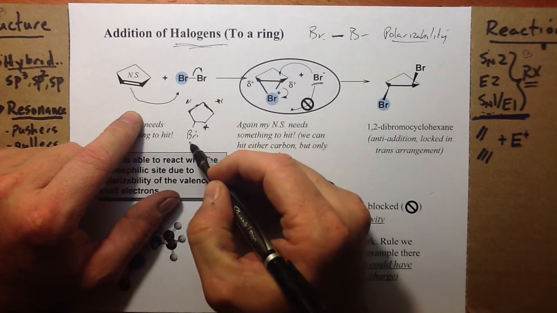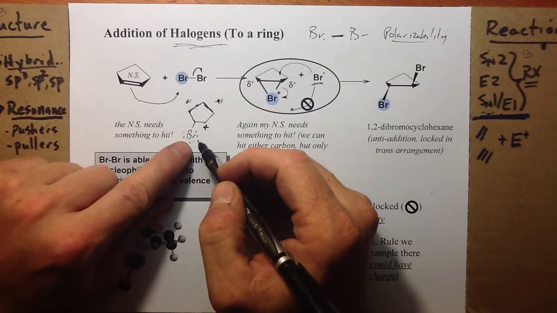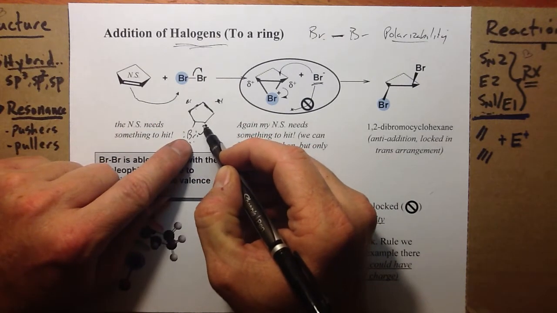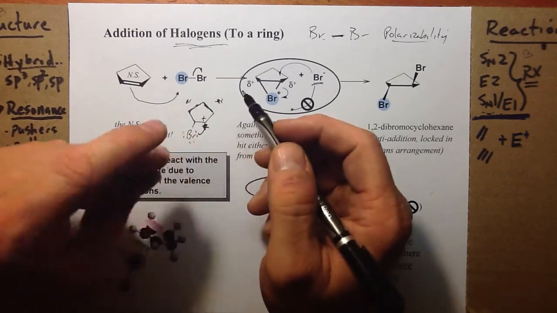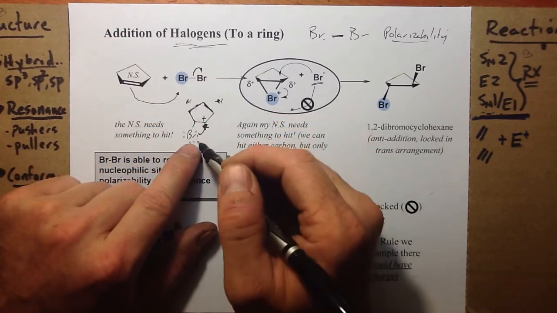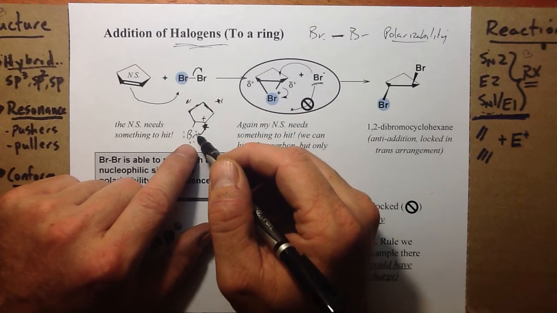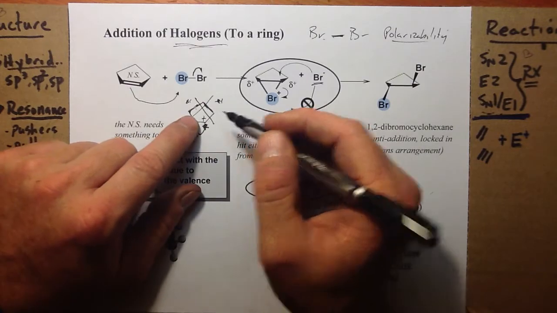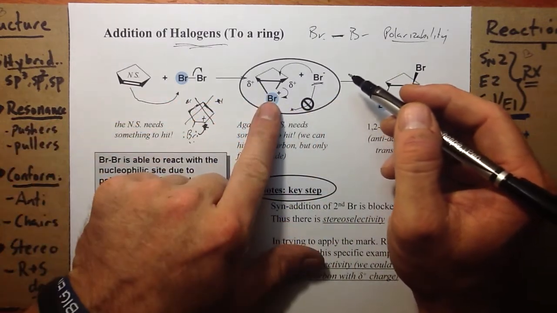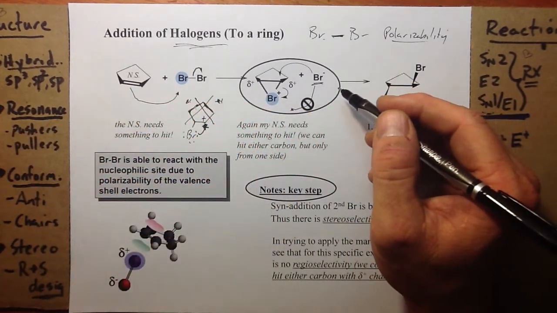But the problem is this bromine has a lot of extra electron density that can fill that hole. So if we had a positive charge here, it would be immediately filled with lone pair electrons on the bromine. So we don't even consider this as an intermediate. We just draw the intermediate here called the halonium ion.